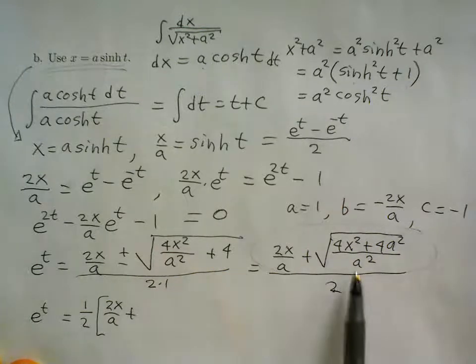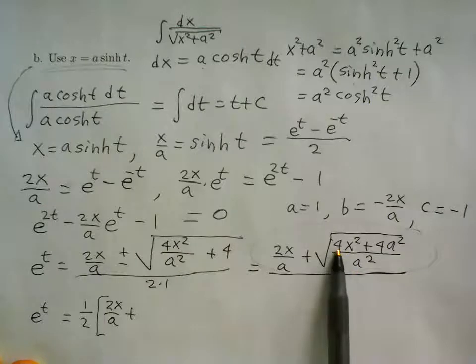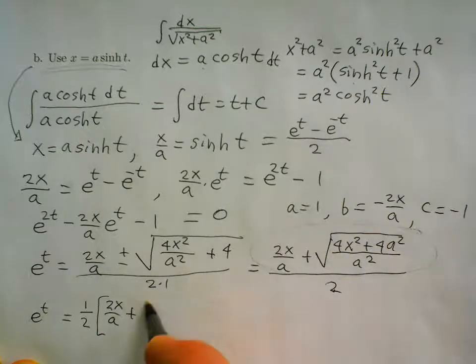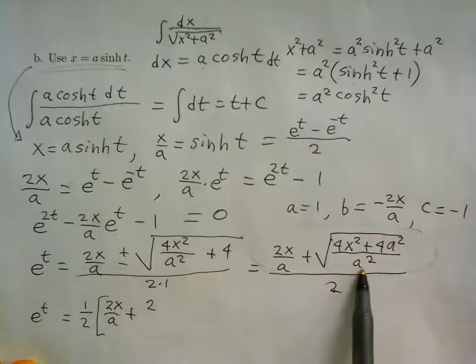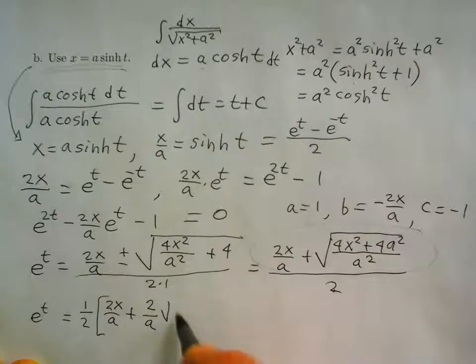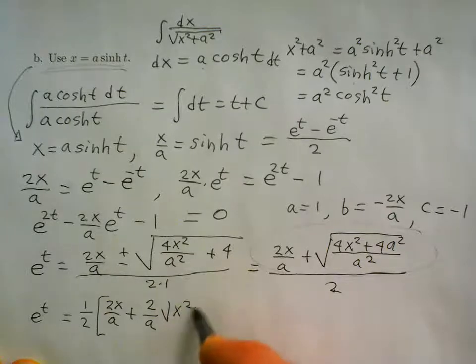And notice in the square root, in the numerator, we have a common factor of 4. So we can take the square root of 4 and bring that outside. And then the square root of a squared in the denominator is just a. And then we have the square root of x squared plus a squared.